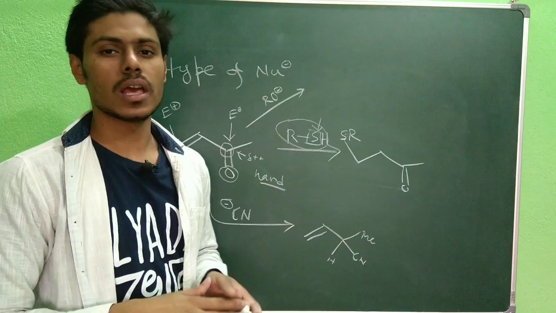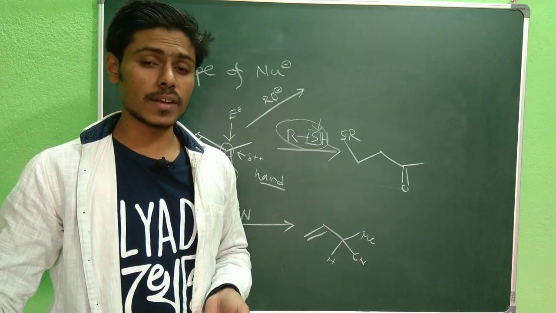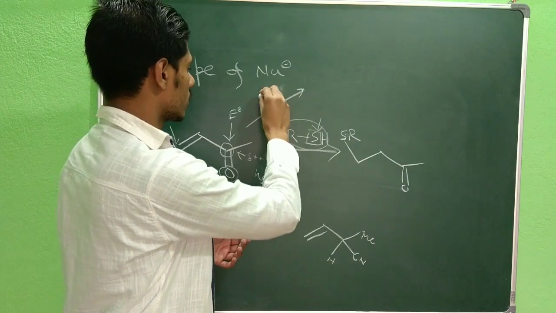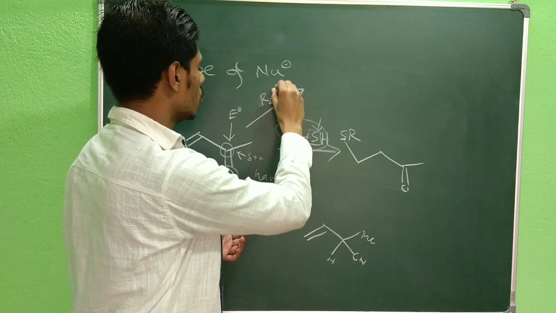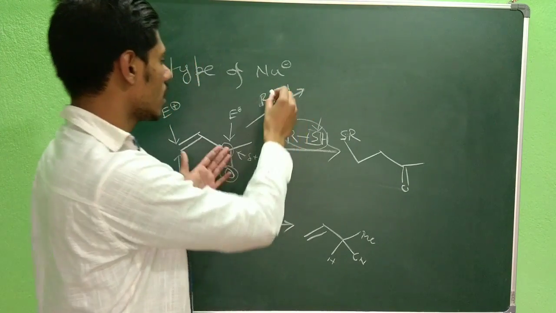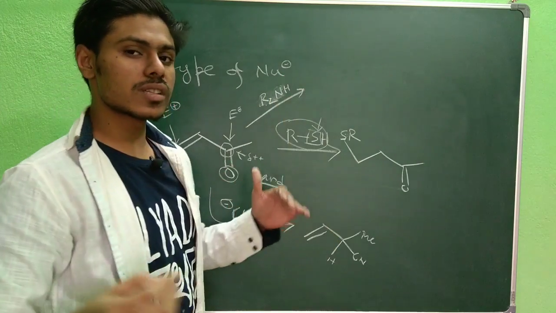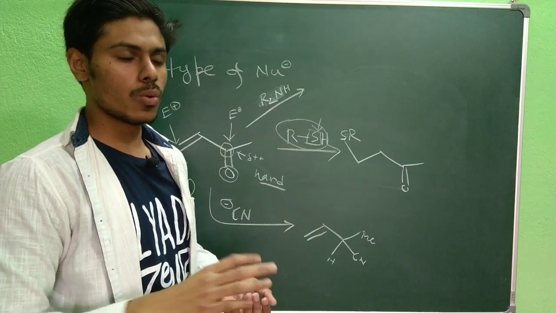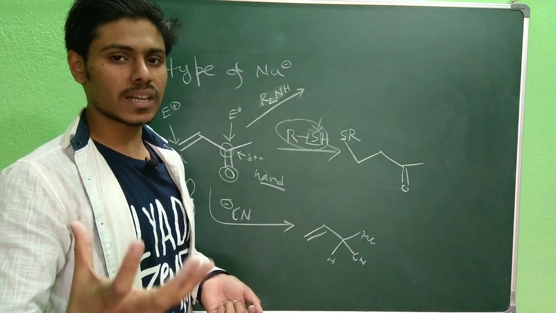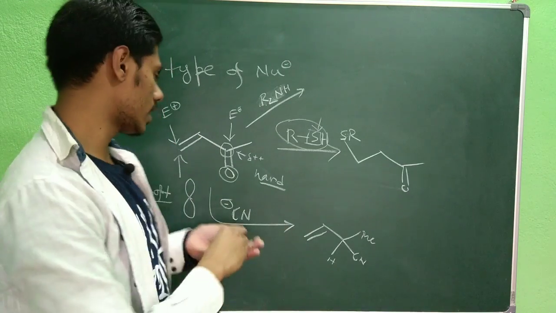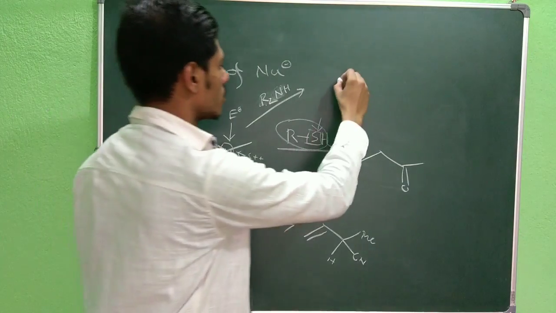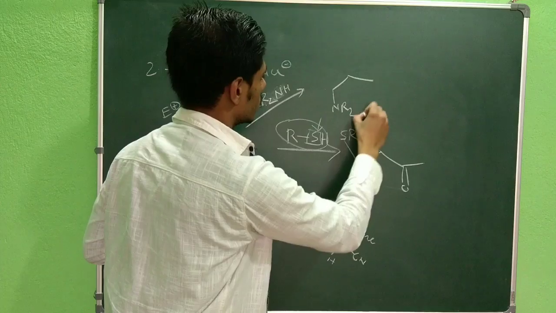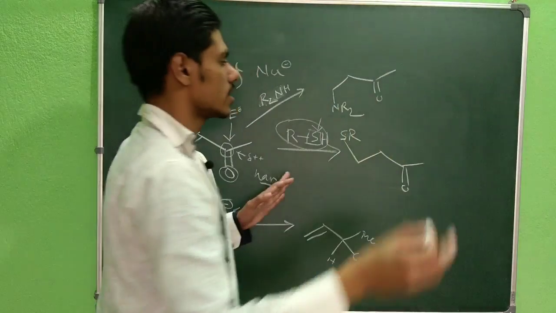Now if you compare a nitrogen based nucleophile, for example a secondary amine, R2NH, compared to oxygen, nitrogen is less electronegative, and that's why we can consider it a softer nucleophile than oxygen, and that's why it will prefer to attack this 4 position, and you will get this product.